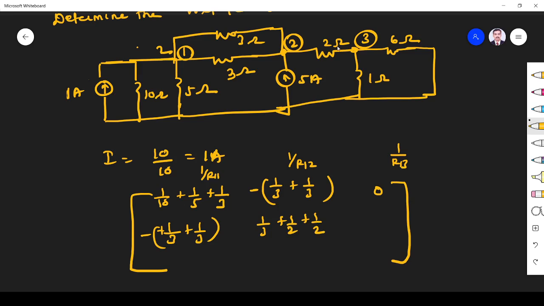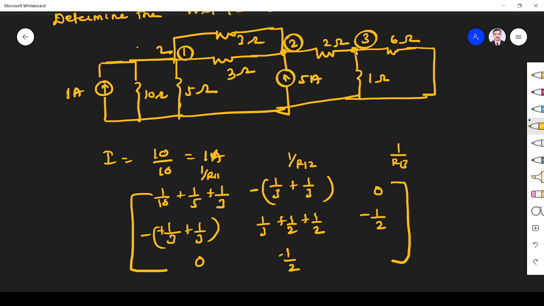R23, what are the resistors common to 2 and 3? This is 2 ohm only. So 1 by 2, but common means minus symbol. Next, 1 by R31. What are the resistors common to 3 and 1? 0. R32, what are the resistors common to 3 and 2? It is 2. So minus 1 by 2.